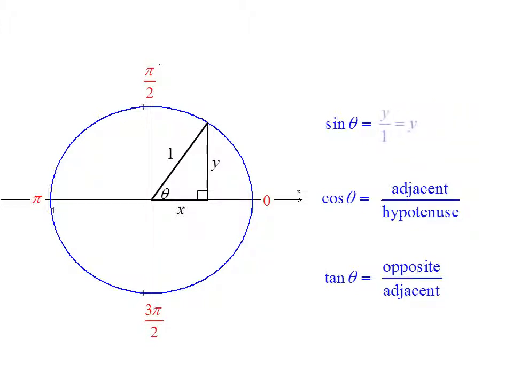Now sine theta becomes just y over 1, or y. Cosine theta is x over 1, or just x. And tangent theta is y over x, which is also sine theta over cosine theta.